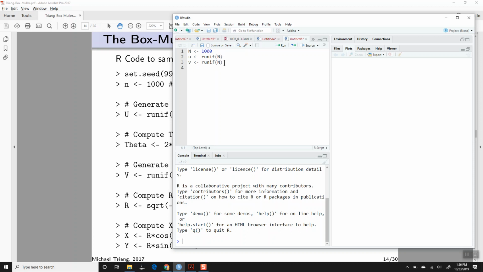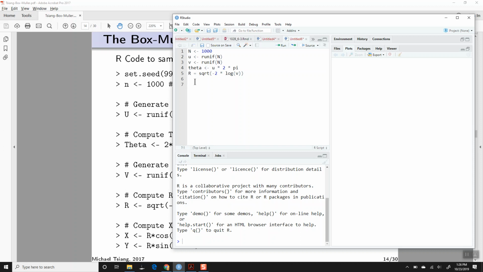And so theta is going to be u times 2 pi, and our radius is going to be square root of -2 times log of v, okay? So we use u to generate our theta, we use v to generate our r, okay?